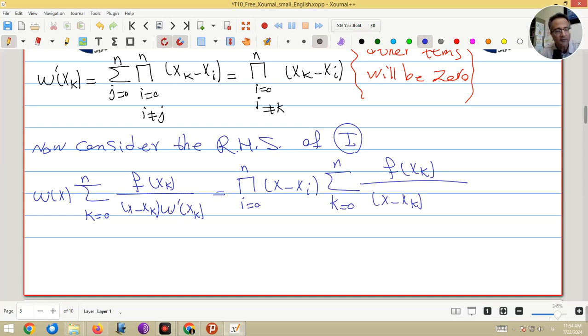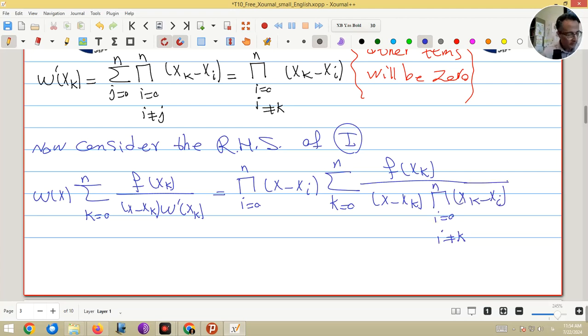I rewrite, and instead of w prime of xk, let me put this one: the product over i from 0 to n, i not equal to k, of xk minus xi.